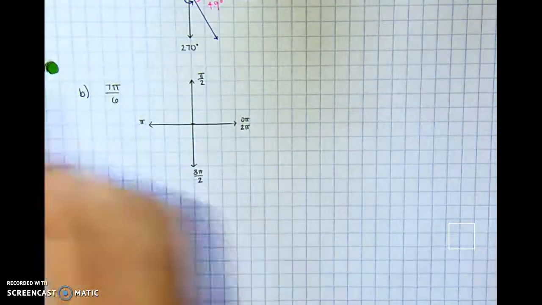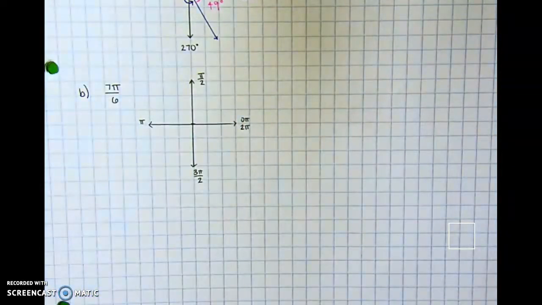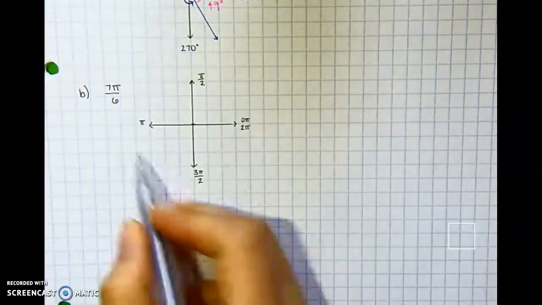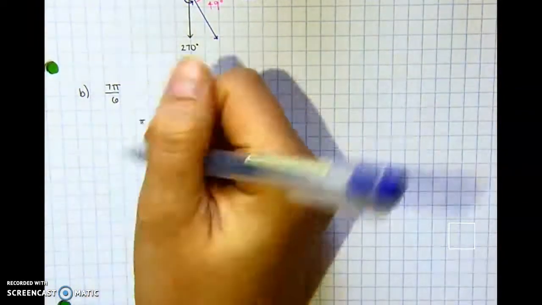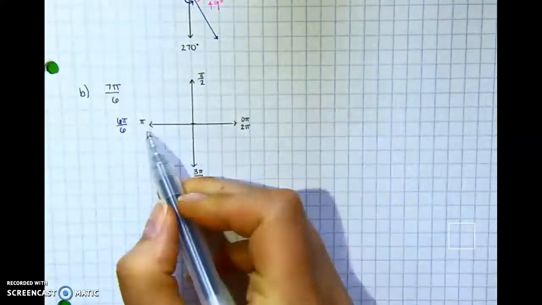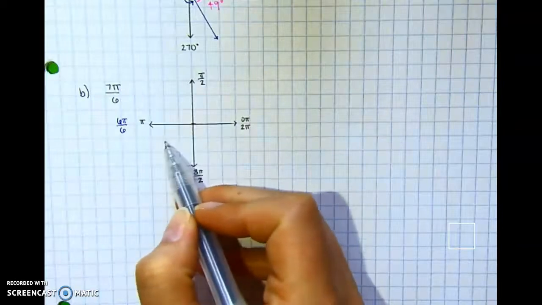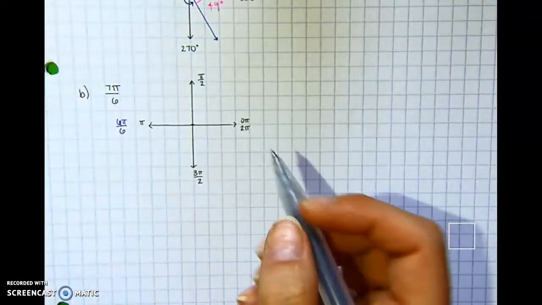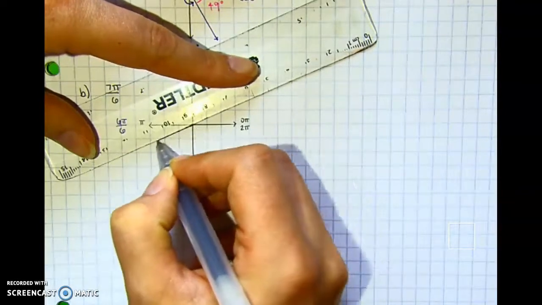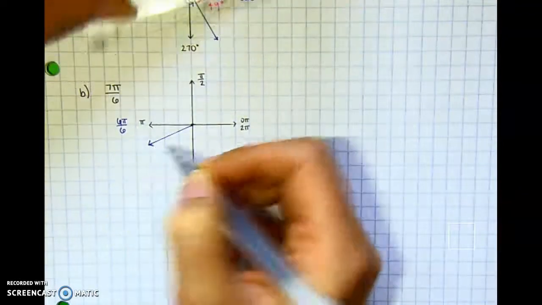If I want to graph 7 pi over 6, one tip is to rewrite some of these angles with a denominator of 6. I like to always start with pi. So this would be 6 pi over 6, which means 7 pi over 6 is going to be pretty close by. 7 pi over 6 is a positive angle.